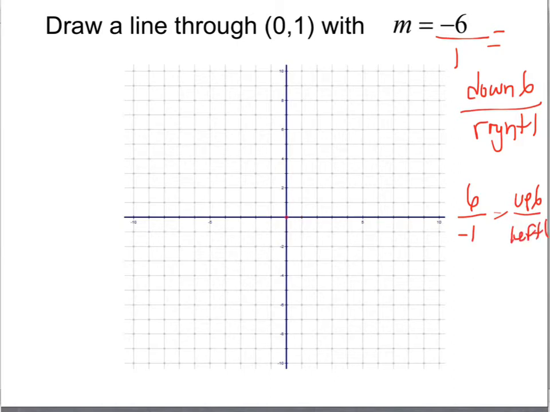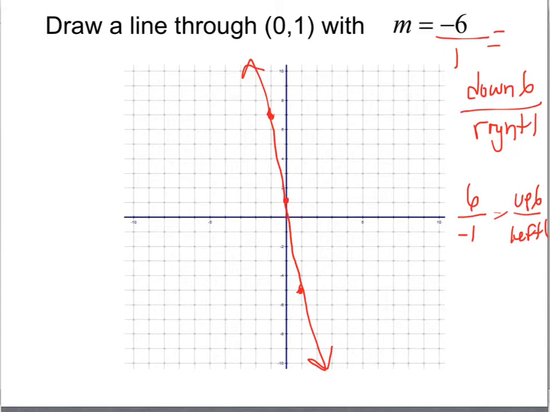So 0, 1 is right here. And if I go down 6, 1, 2, 3, 4, 5, 6, and right 1, I get this point. But if I went up 6, 1, 2, 3, 4, 5, 6, and left 1, I'd get this point. So all these points are collinear, and your line is this really steep line right here.